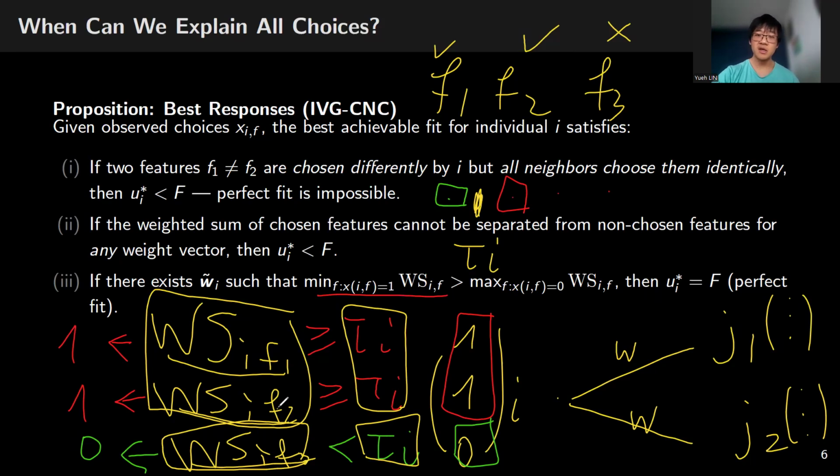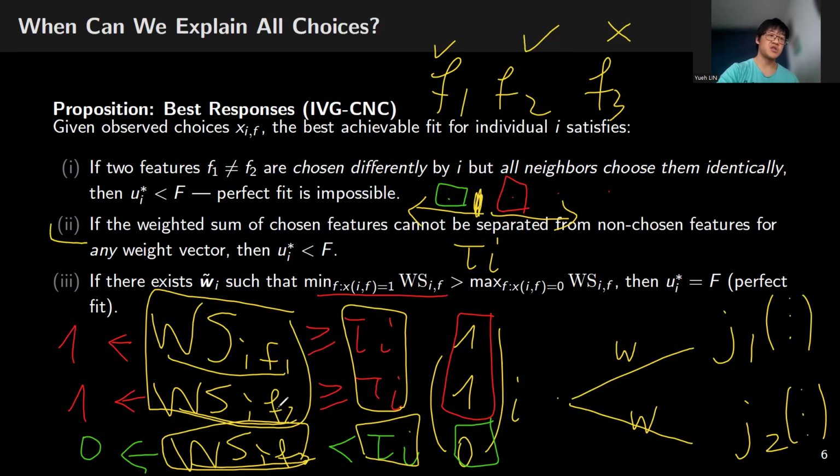So the threshold will be always smaller than the green group and always greater than the red group, so that you can make the classification perfect. On the other hand, if this doesn't happen, we know that there must be at least one feature that doesn't perfectly match this.